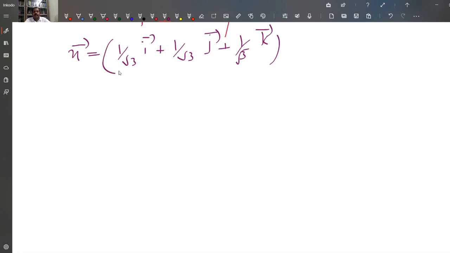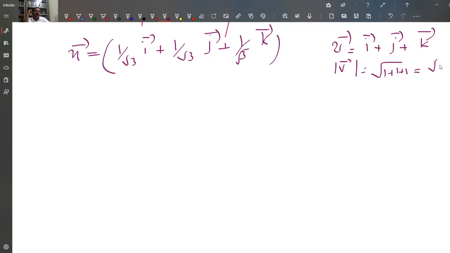We are getting this from the fact that v is i plus j plus k, so modulus of v is the square root of 1 square plus 1 square plus 1 square, which is root 3. So u is v by modulus of v.